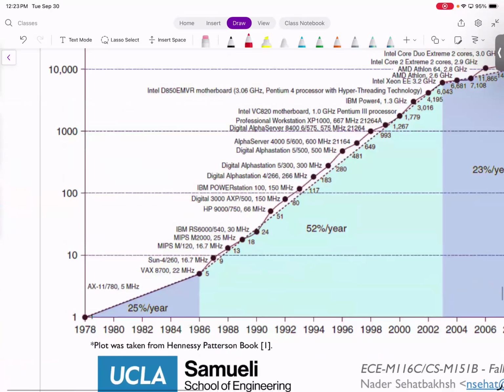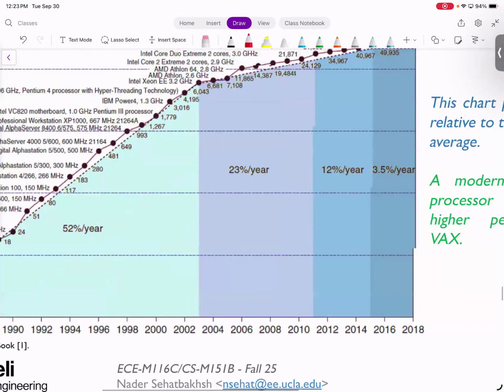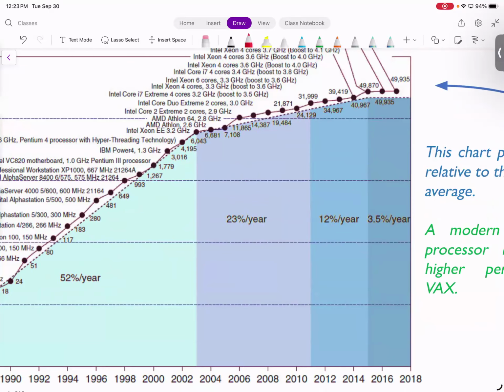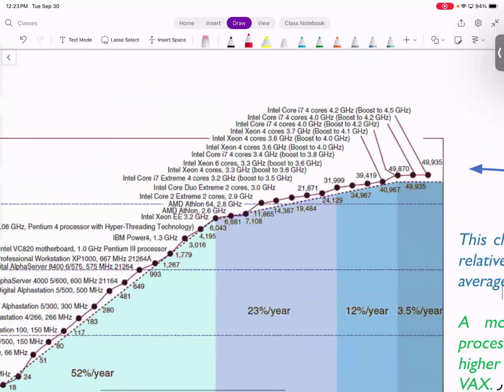If you normalize the performance of that computer all the way to the system we have nowadays, and this picture is not the most up-to-date, it's from the book published in 2018, at that time the latest and greatest Intel Core i7, you will see that the performance is almost 50,000 times faster than what we had in 1978.